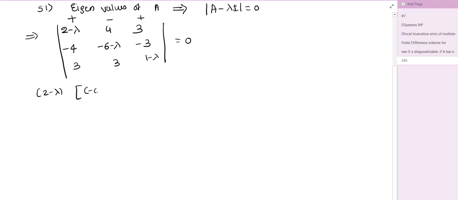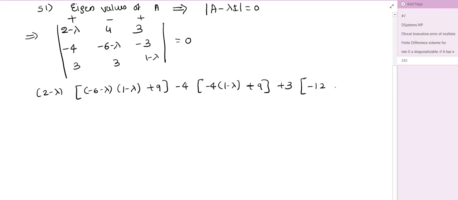Now what we do is, we take 2 minus lambda here. This has to be multiplied with (minus 6 minus lambda) into (1 minus lambda), so plus 9, minus 4 into (1 minus lambda), so plus 9, so plus 3 into minus 12 minus 3 into (minus 6 minus lambda), which is equal to 0.